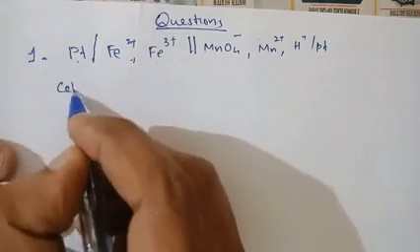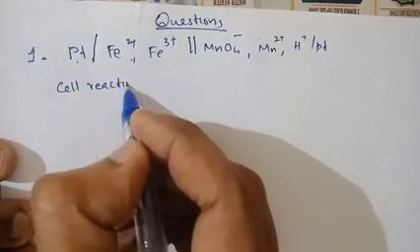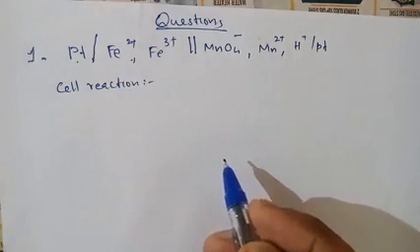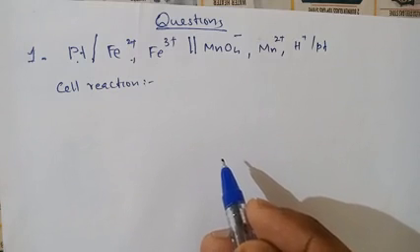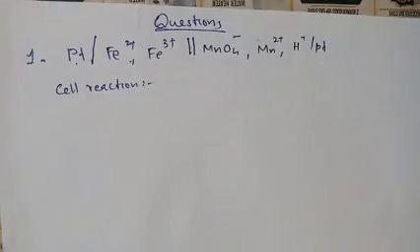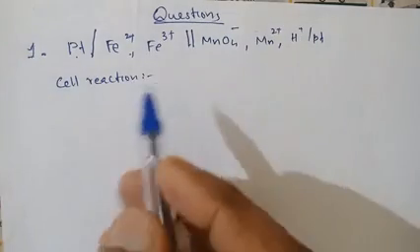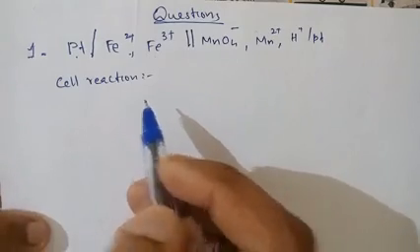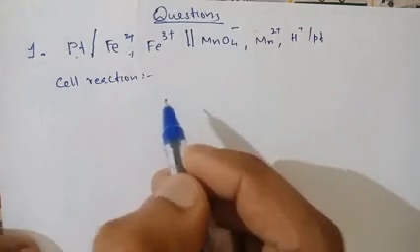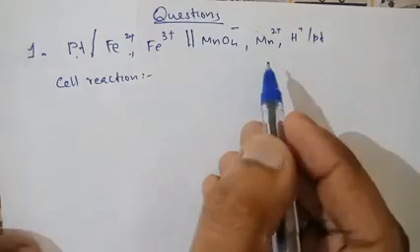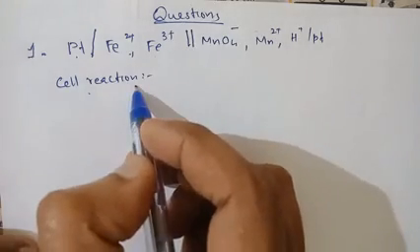This is a simple level question. It will not be asked directly in the examination, but as a part of some other questions you have to find the answer. They are asking about the overall reaction.